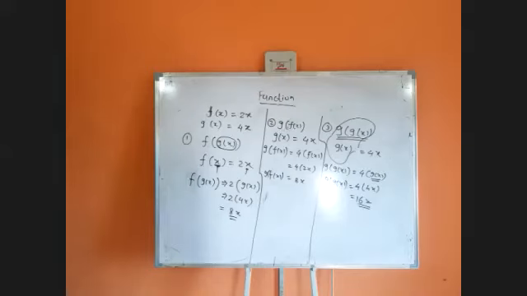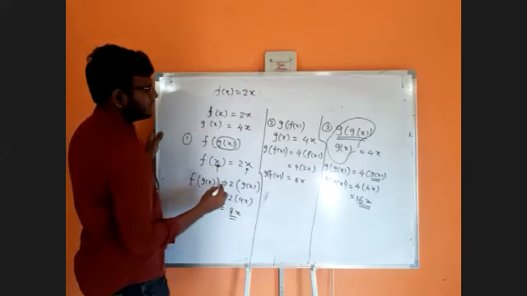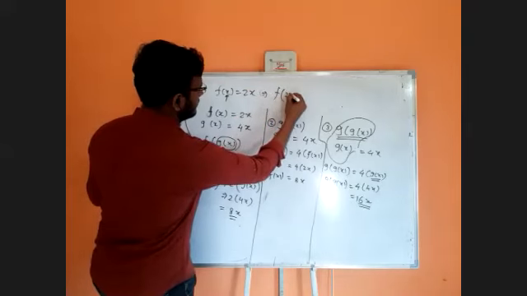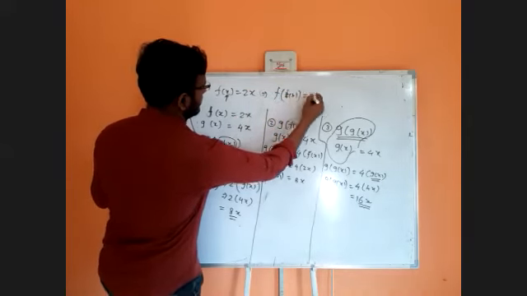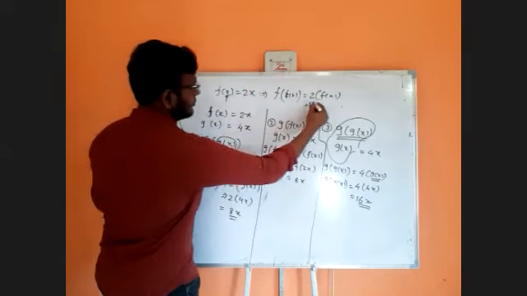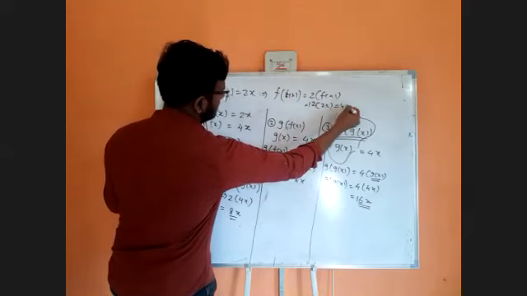Is it 4x? What is f of f(x)? Yes, 4x, because f(x) is 2x. So now replacing x by 2x, f of f(x) means 2 of f(x). But f(x) itself is 2x. So it will be 2 into 2x, which will be 4x.